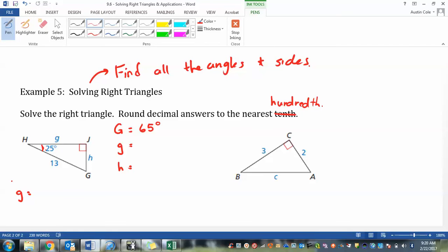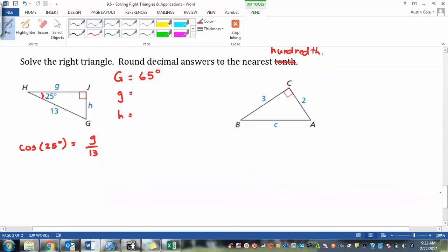Adjacent and hypotenuse is cosine. So the cosine of 25 degrees equals the adjacent G over the hypotenuse 13. Multiply, and again, we're doing the same stuff, guys. Same exact stuff, multiply by 13 on both sides. So G is going to equal 13 times the cosine of 25.